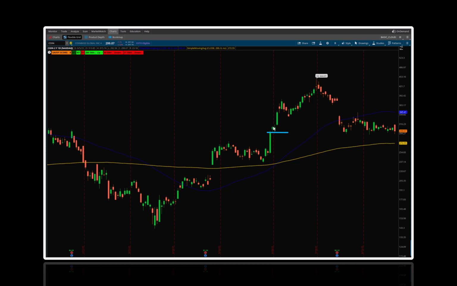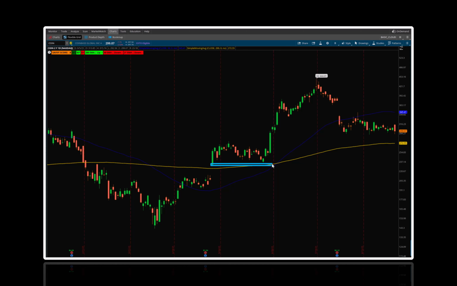This almost looks like it could have been a flag pattern and then another move up. In a flag pattern, you can take all these bars and put them together, combine them, and then start making your flag from here, and you look for a breakout above. But very interesting: opened on the lows, closed near the highs.